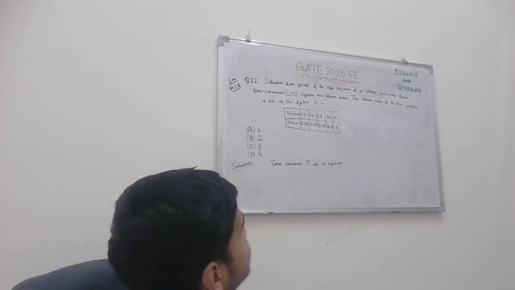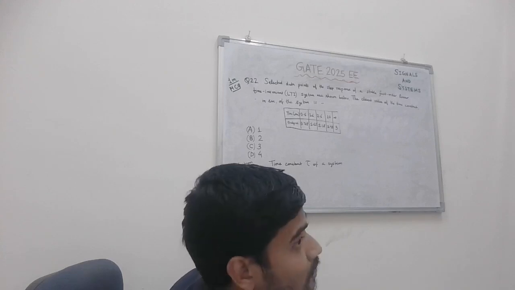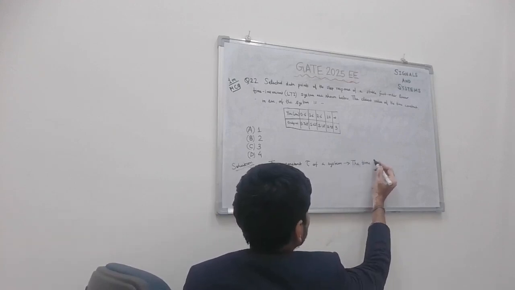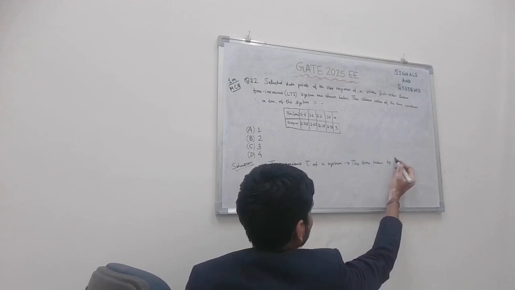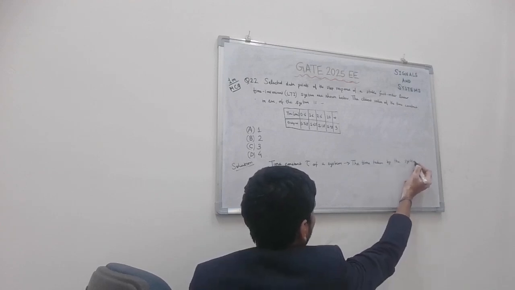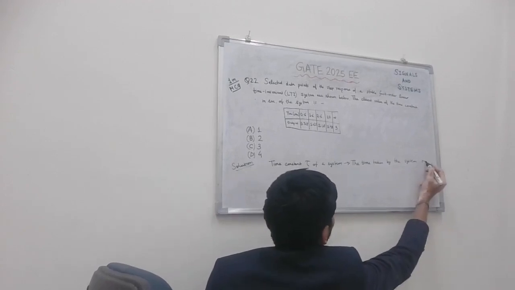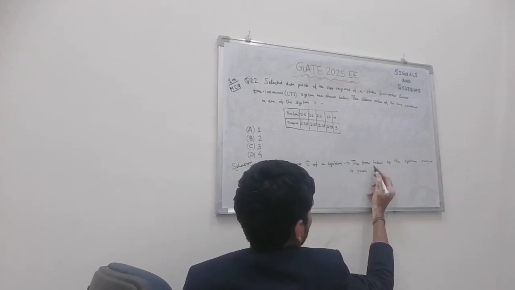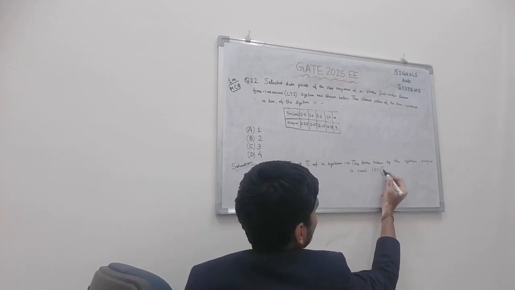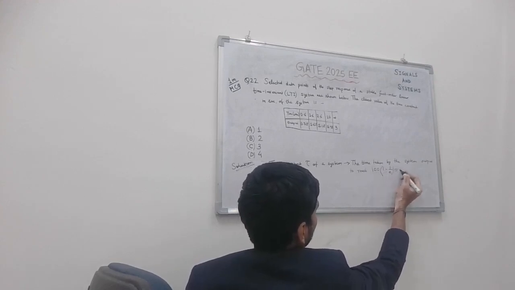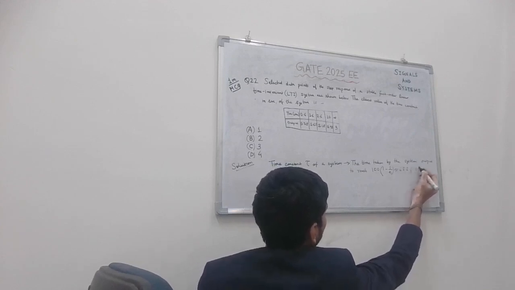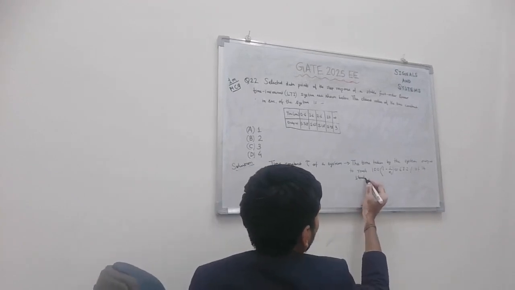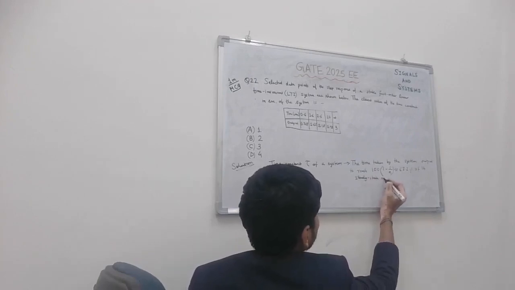It is the time taken by the system output to reach 100 into (1 minus 1 by e), which is nearly equal to 63.2% of its steady state output value.